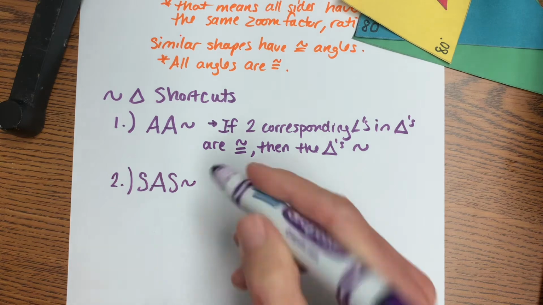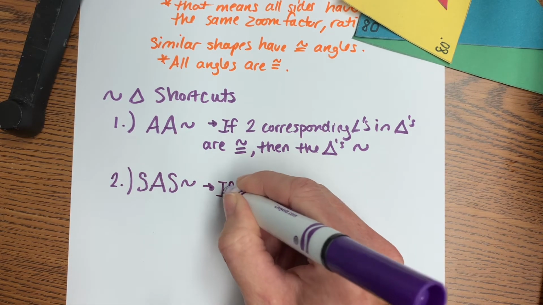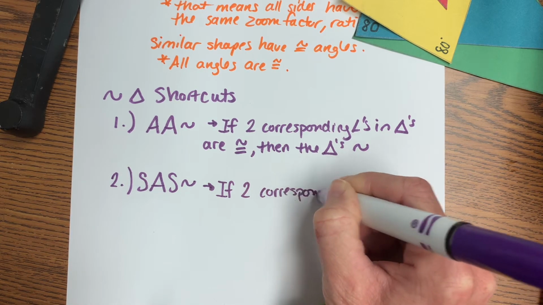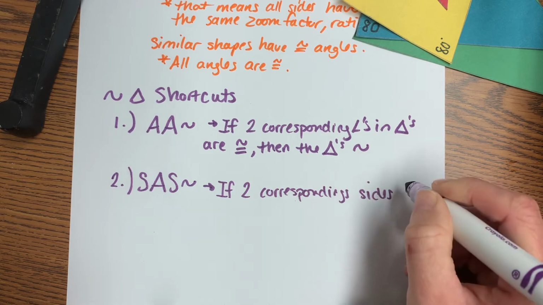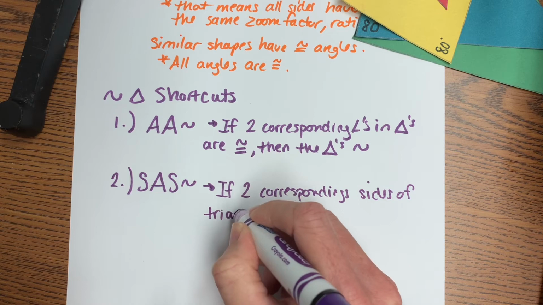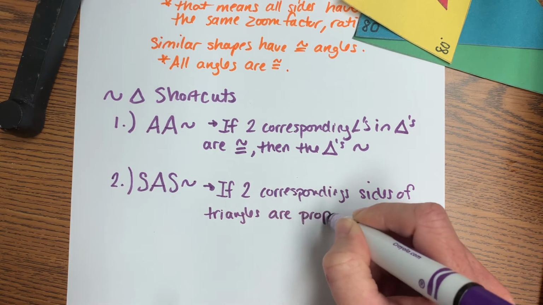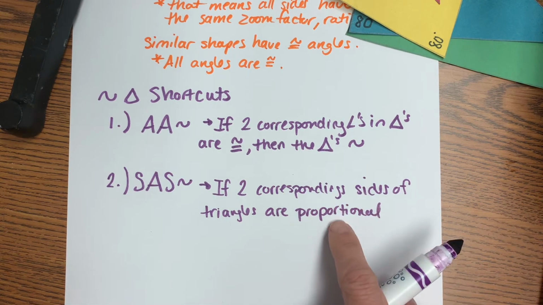And what it means is, if two corresponding sides of triangles are proportional, that just means they have the same zoom factor.